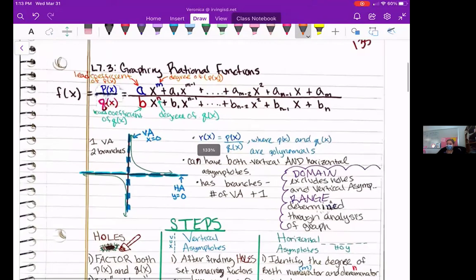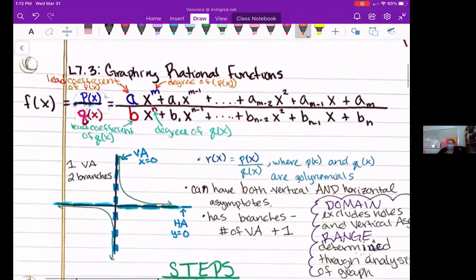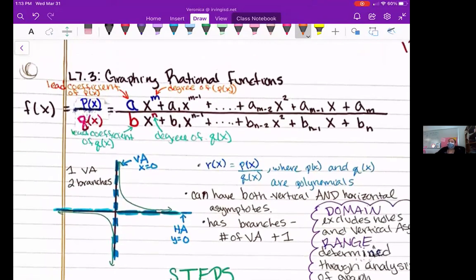Now, the second thing we need to bring back from what we've done before is what the degree of a polynomial is, right? The degree of a polynomial is the term that has the highest power. Whichever term has the highest power, that is the degree of the polynomial. And yes, you need to know that specifically for horizontal asymptotes. And same thing for your denominator.